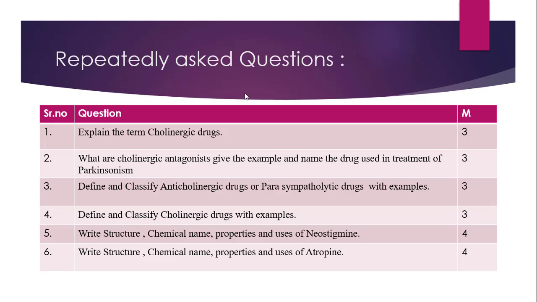So we are supposed to write the definition of cholinergic drugs, then write the synonyms along with the example, and the common uses. So it deals with explaining the term, that is what are cholinergic drugs.